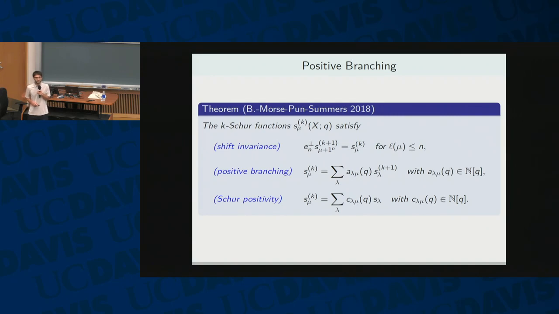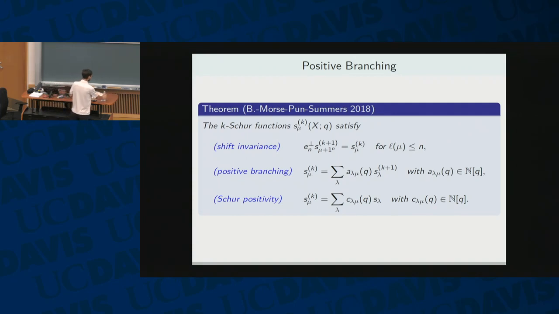These were previously important open conjectures. Lam was able to establish these at q equals 1 using geometric methods, but this method in addition gave an explicit positive combinatorial formula for these coefficients. This was our first demonstration of how powerful the Catalan function approach could be.